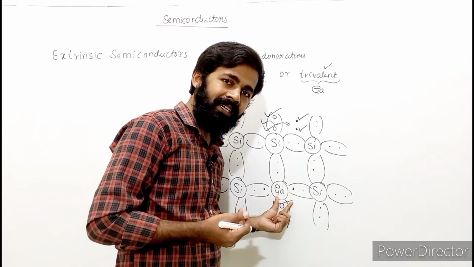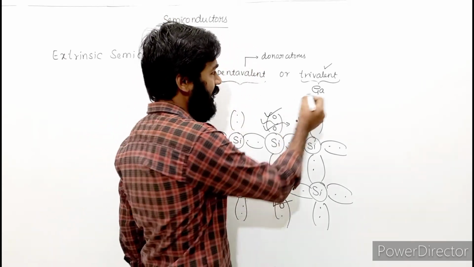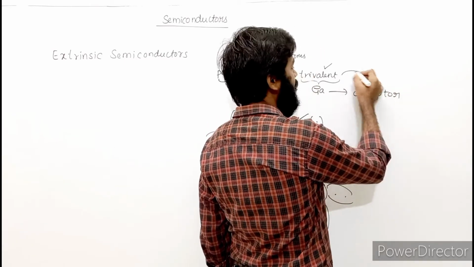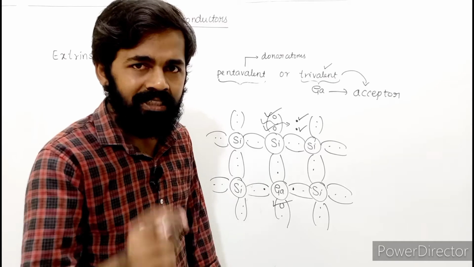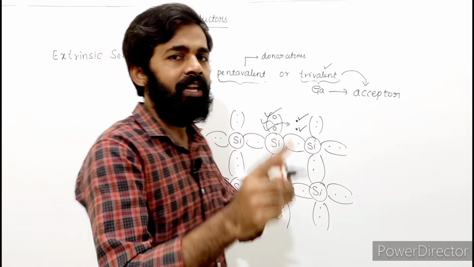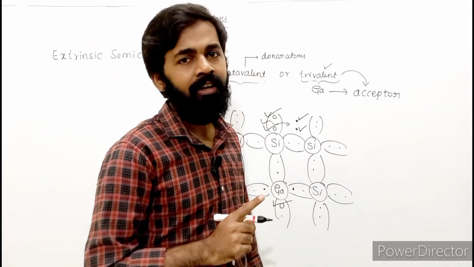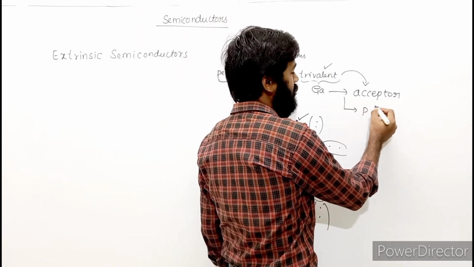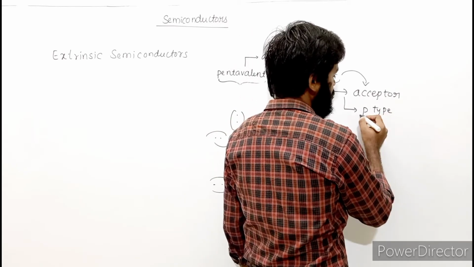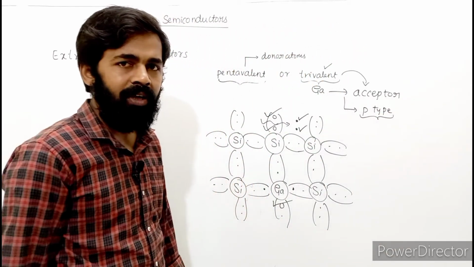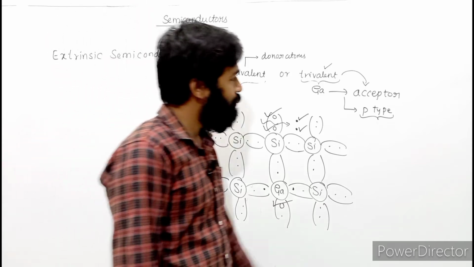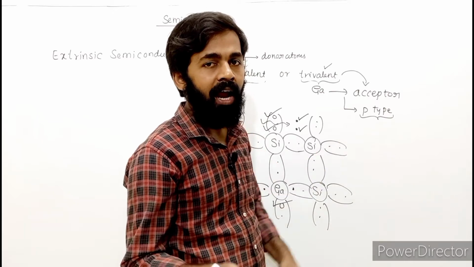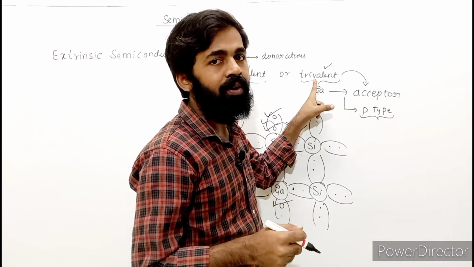That is why this gallium we call an acceptor atom, or the trivalent atoms are called acceptor atoms, because they are ready to accept one electron to achieve octet configuration. Such semiconductors are called P-type semiconductors. P-type semiconductors are obtained by doping, or adding trivalent impurities.